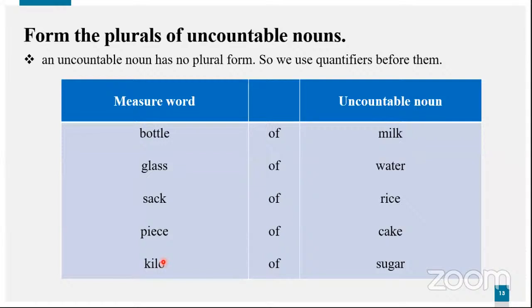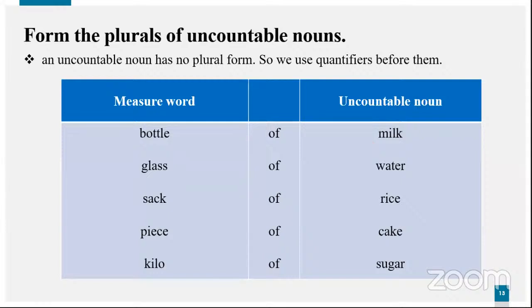Now look at these words, right? Bottle, right? We can put milk into a bottle, right? So we can count the bottles. One bottle, two bottles, three bottles, right? So we can make a phrase by using these three parts, right?